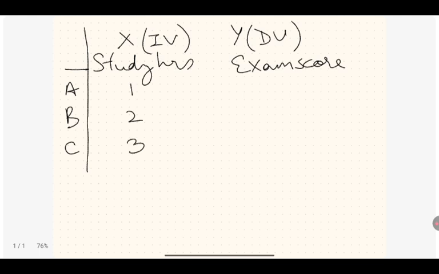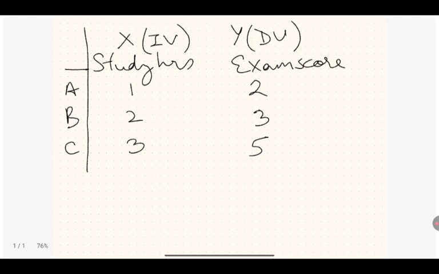Their exam scores are 2, 3 and 5. I'm taking simple one-digit hypothetical values so that our calculations become easy and it is easy to find out how this actually works.